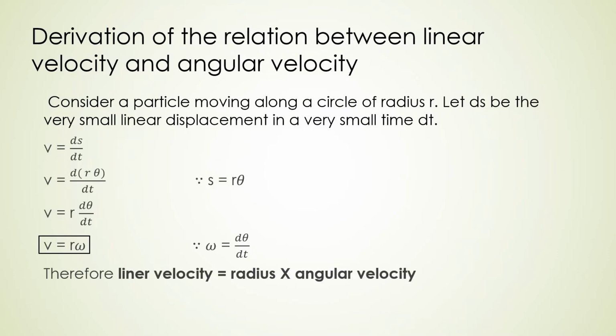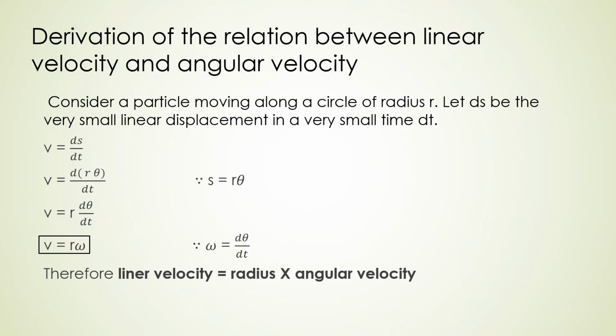Let's derive the relation between linear velocity and angular velocity. For this, let us consider a particle moving along a circle of radius r. Let ds be the very small linear displacement in a very small time dt.